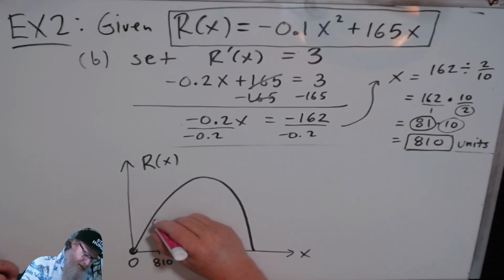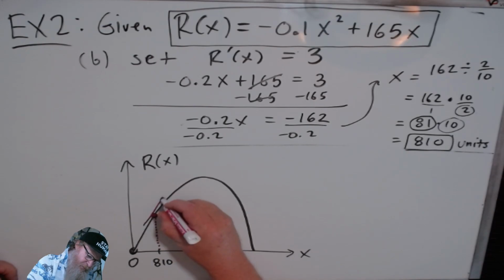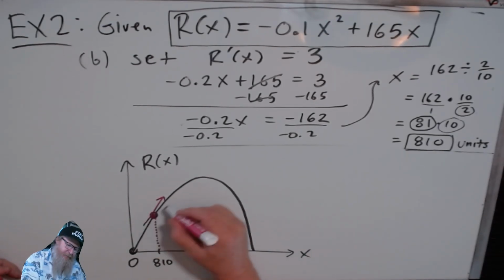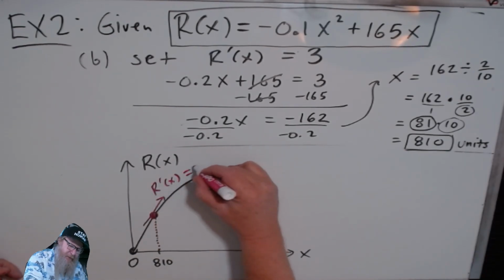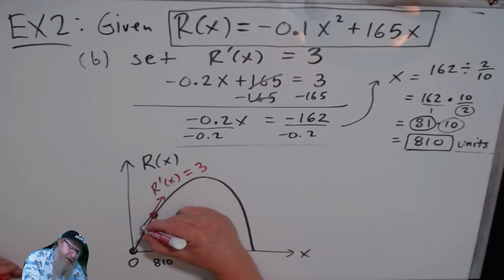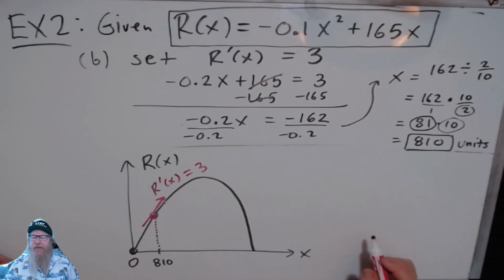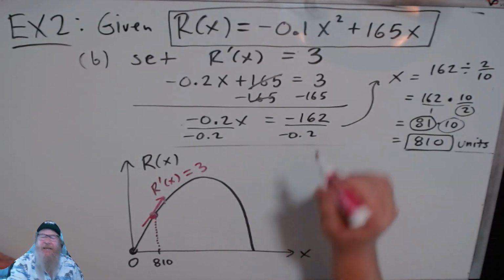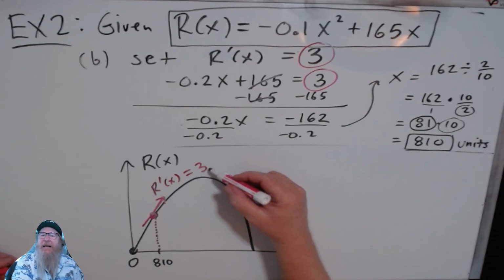And if we sell 810 units, the slope of this line, which is r prime of x, would be equal to 3. So the derivative is a line, right? It's linear. It's clearly linear. Look at the equation of it. Yeah. And it is increasing at a rate of $3 per unit.